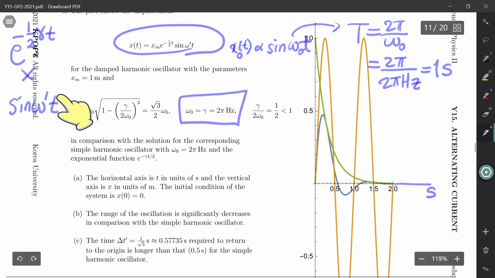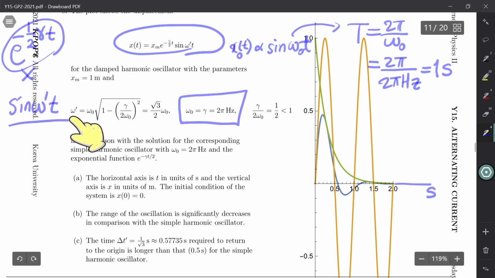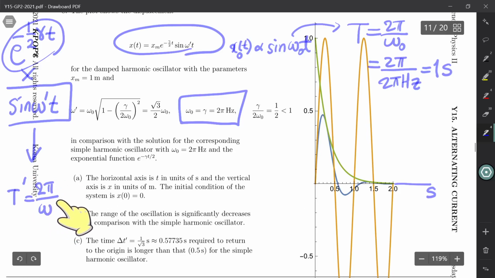It is not a periodic motion. So it has a damping factor and an oscillating factor. The period of this oscillating factor, T prime, is 2 pi over omega prime.